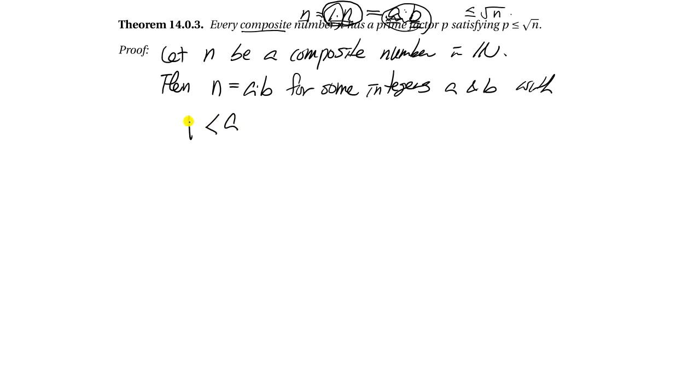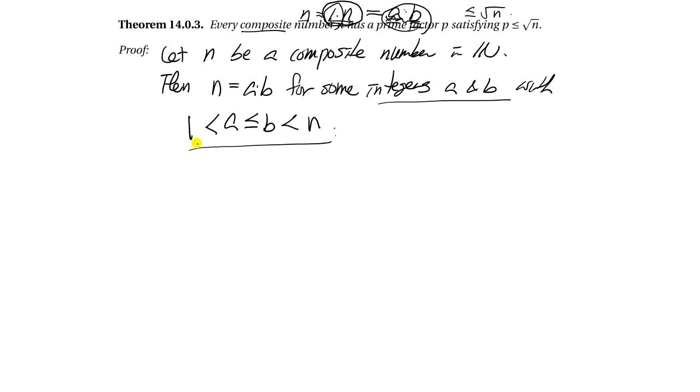Maybe a and b are the same number, but most likely they are different. So without loss of generality, we can say a is less than or equal to b. They could be equal, but in that order. And definitely, because a, the smaller number, is greater than 1, the larger number is less than n itself, right? So a and b must satisfy that condition.